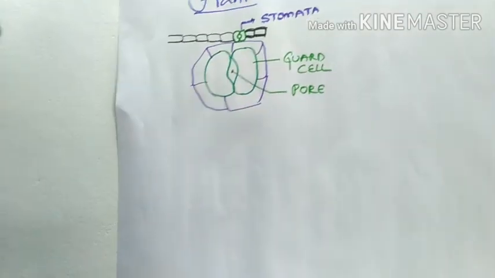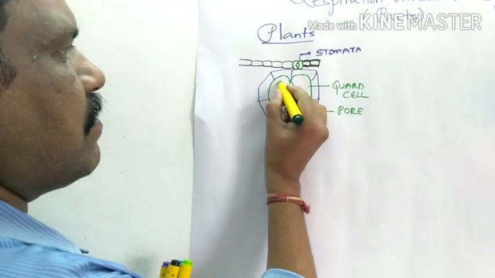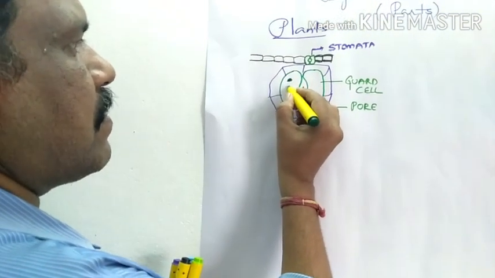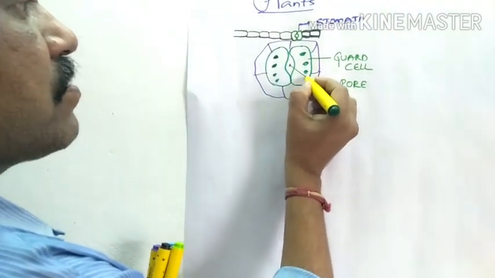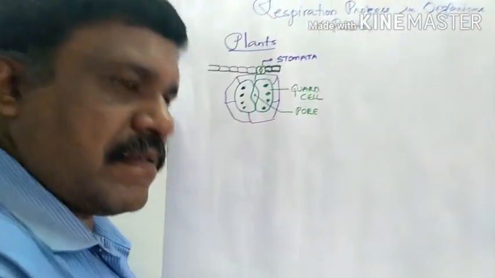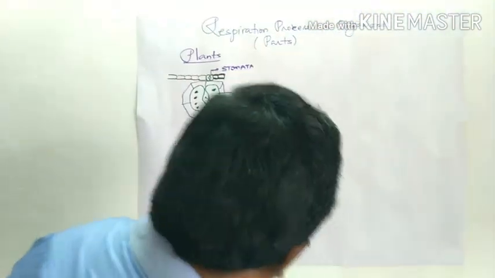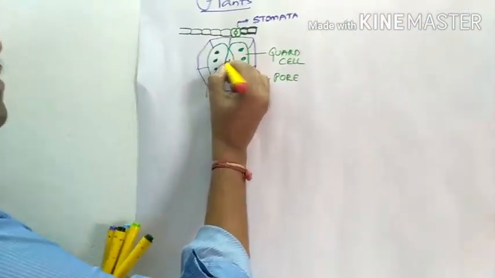In these guard cells, we find a number of structures, and they are the chloroplasts. Even the chloroplast is seen here. Now, coming to our topic, these are the pores through which the gases will enter.